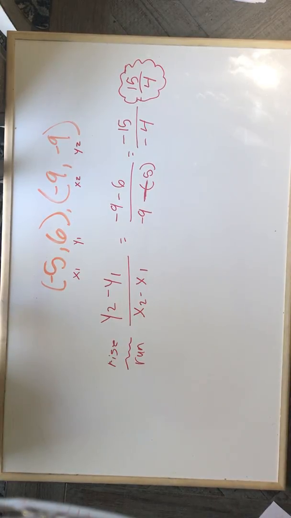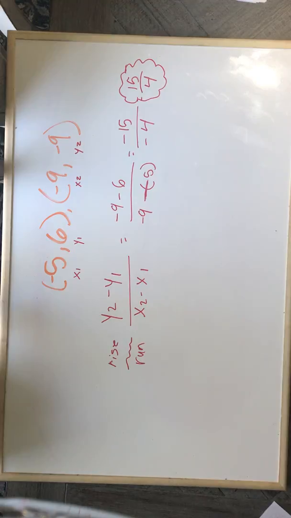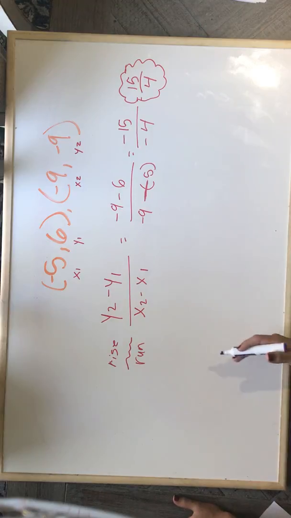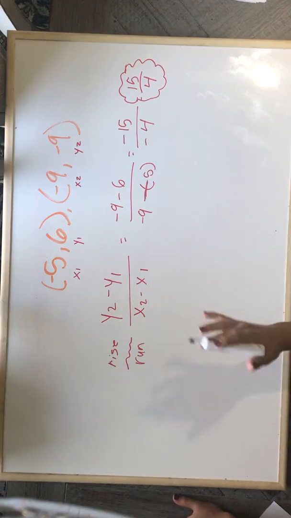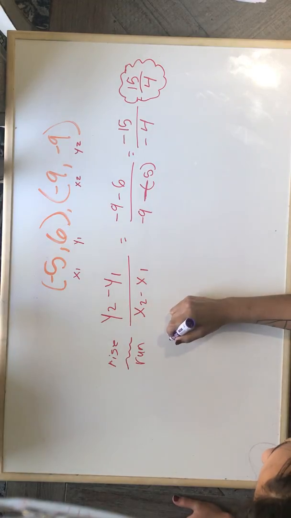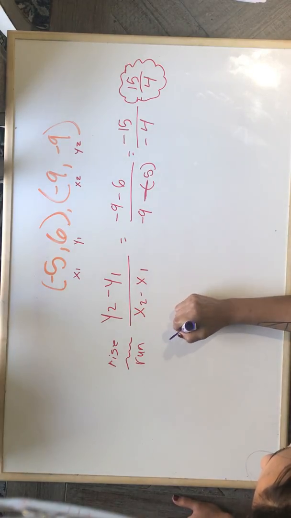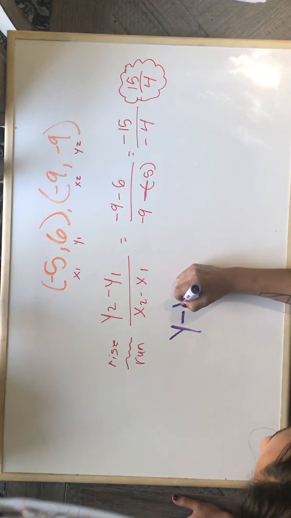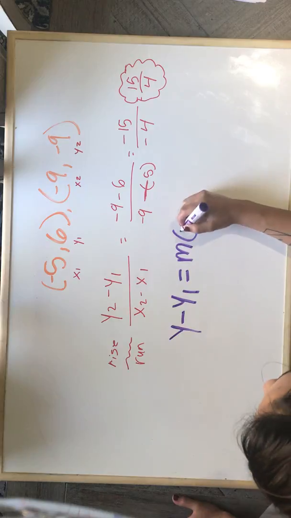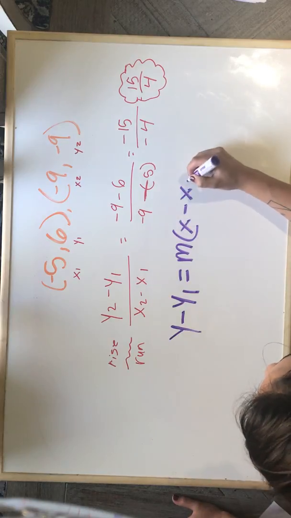Now when we plug it in, what's our formula? I want you to think of this: what is our formula to find point slope form? Make sure you've got it down before I do. It is y minus y1 equals m times x minus x1.